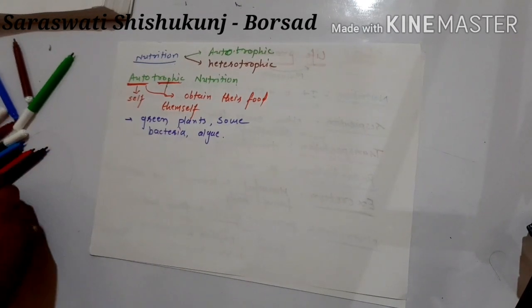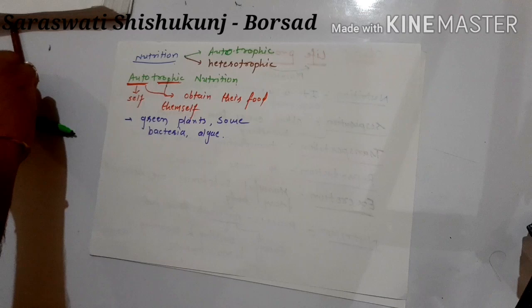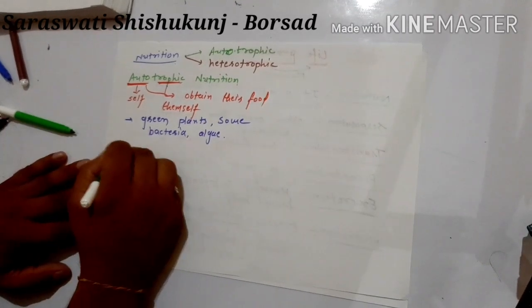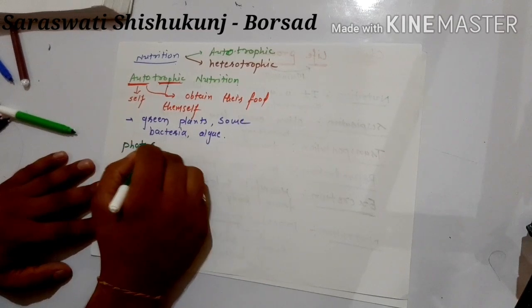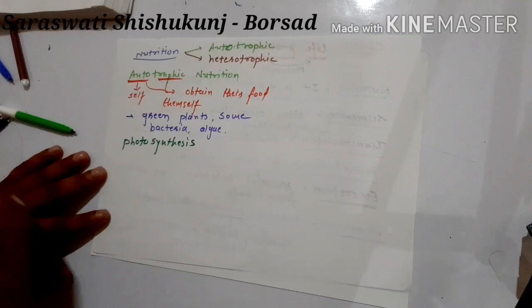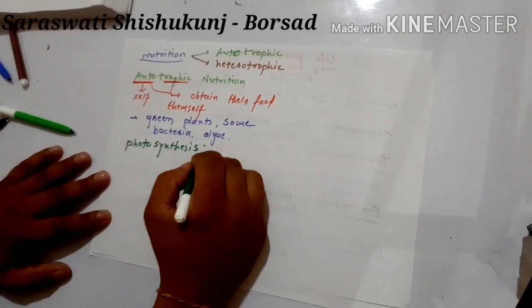See, in this autotrophic mode of nutrition, what happens? In presence of sunlight, there will be a process done that is called photosynthesis. Now, what is this process of photosynthesis?